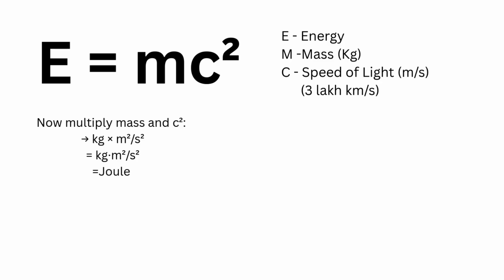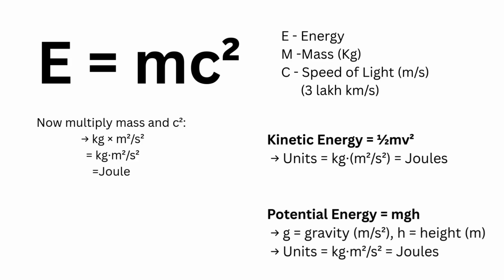Now let's compare it with other types of energy like kinetic and potential energy. Kinetic energy is half of mv square and its unit is also kg meter square per second square, so it is a joule. And potential energy is equal to m into g into h.